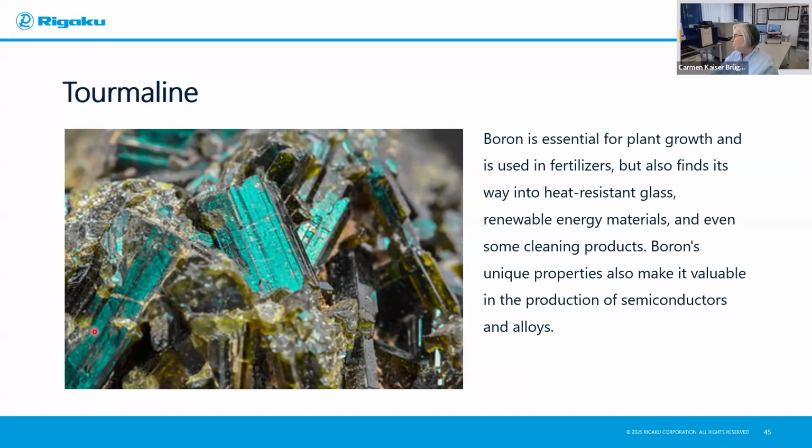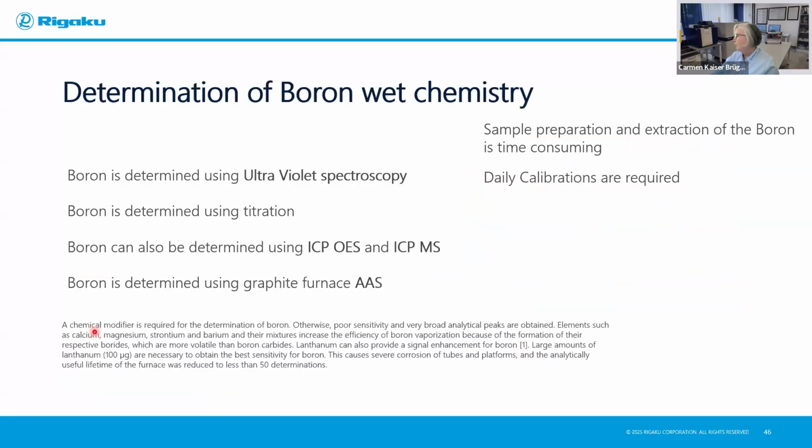So of course, we also need to quantify boron easily. Boron by wet chemistry is very tedious, and there are many ways to determine it. We can use ultraviolet spectroscopy, titration methods, ICP-OES, ICP-MS, and even atomic absorption with graphite furnace.